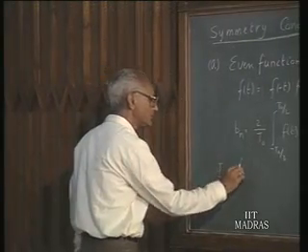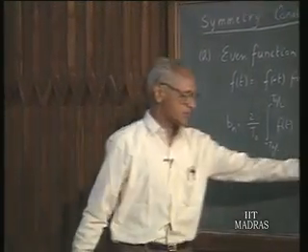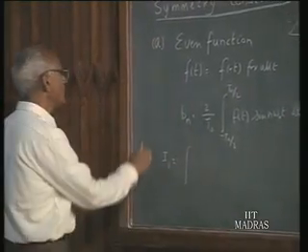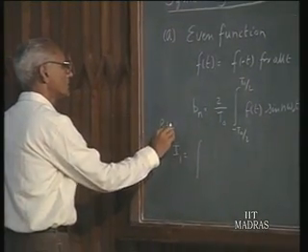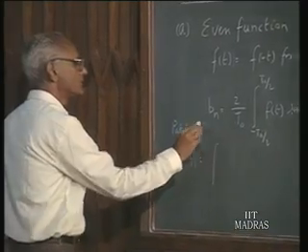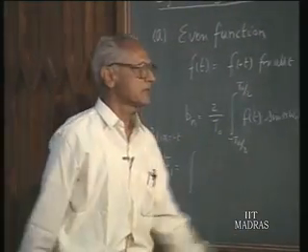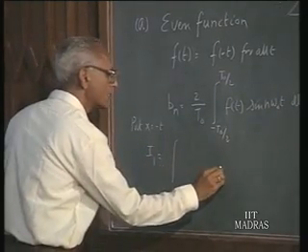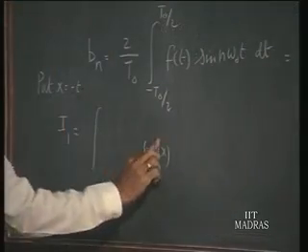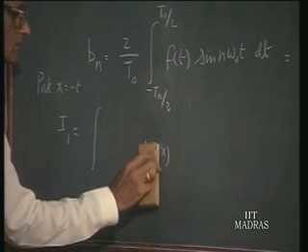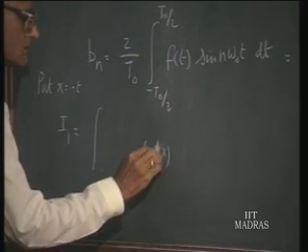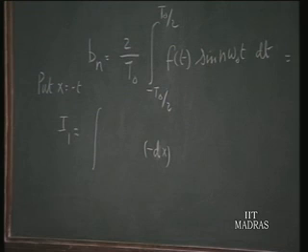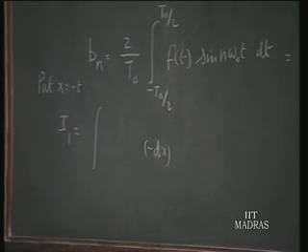I1 will be this expression, but now in I1 I will put x equals minus t. So I will change the variable of integration. Instead of t I use x, therefore dt will become minus dx. And since the variable of integration now is x, I must put the appropriate limits.